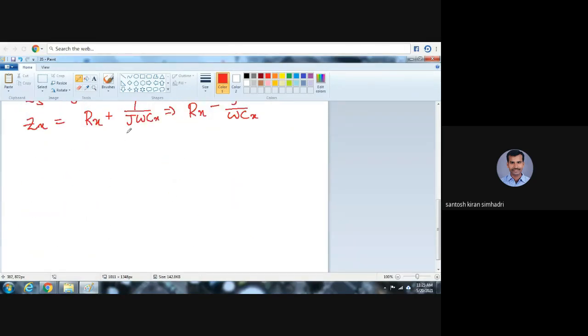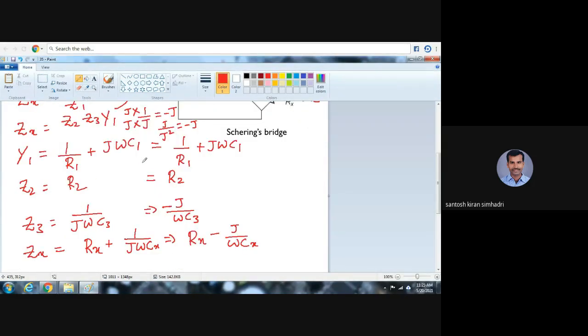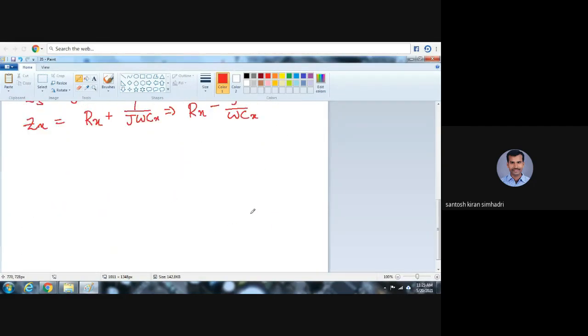So I substituted in equation 1. In equation 1, I have substituted all these expressions. I will write directly, with the help of your master brains.